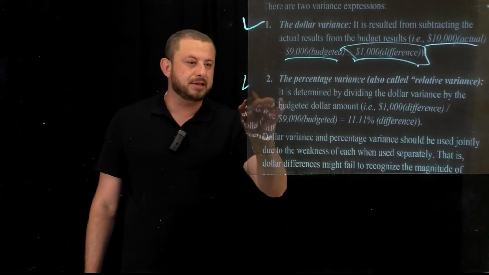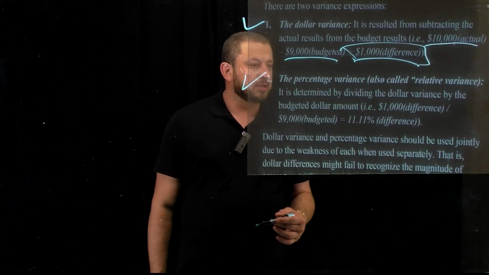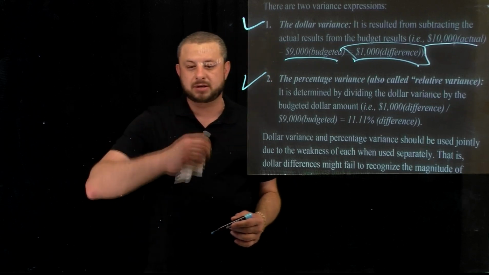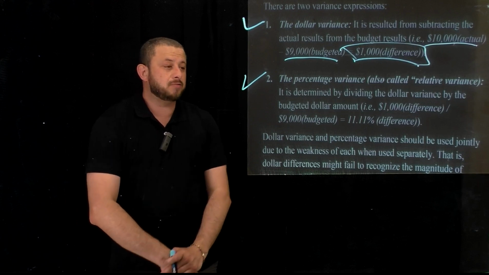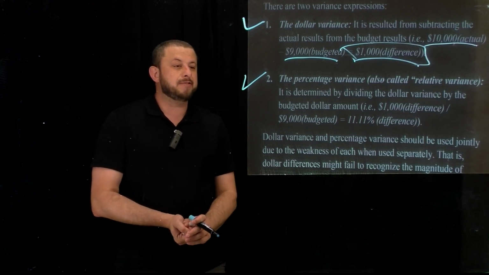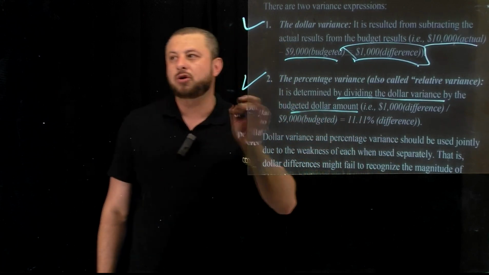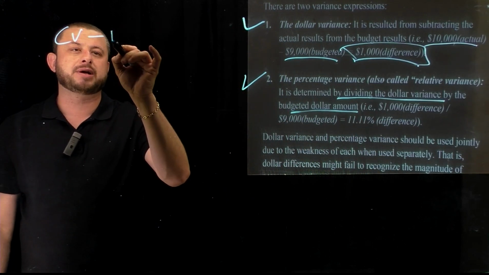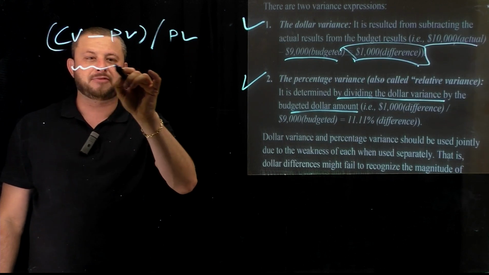Or we have the relative variance, or percentage variance. We know how to do this, okay? Relative variance is also called the percentage variance. We determine this by dividing the dollar difference by the budgeted dollar amount. As we know, current value minus previous value over previous value, this is the difference I'm talking about.